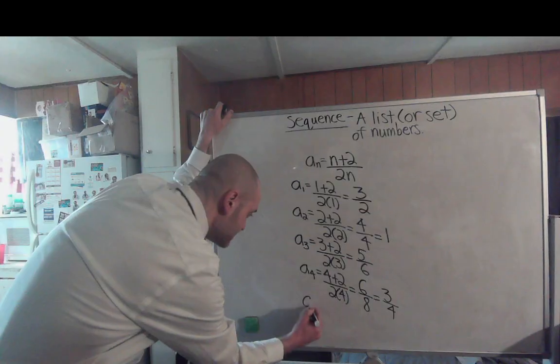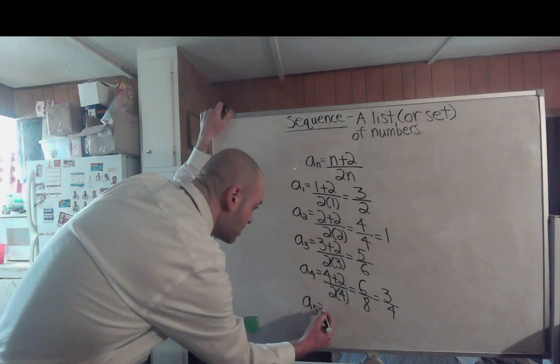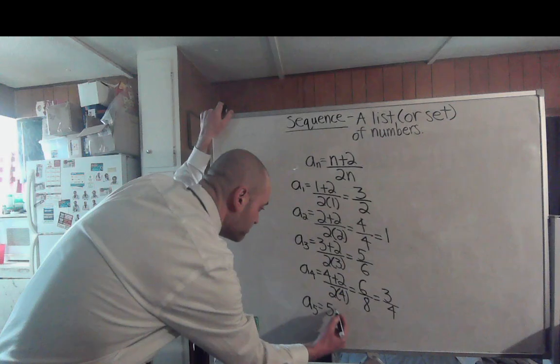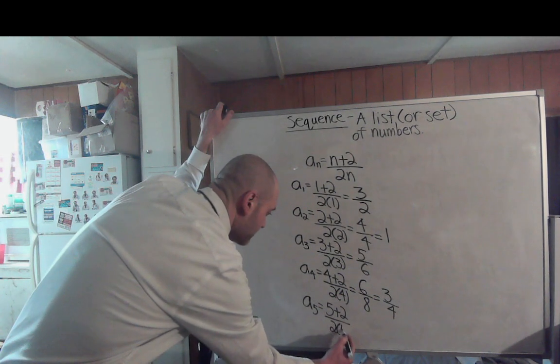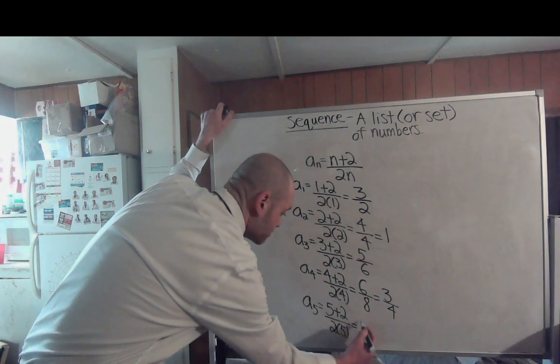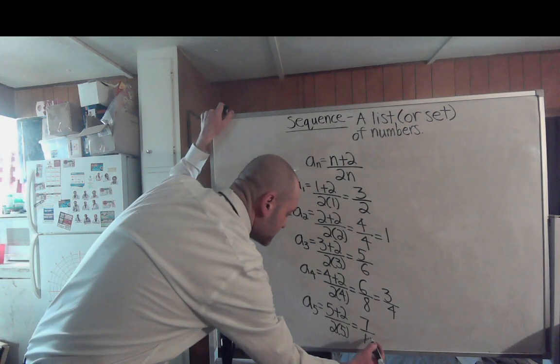And then your a sub 5 would be equal to 5 plus 2 over 2 times 5, which would turn into 7/10.